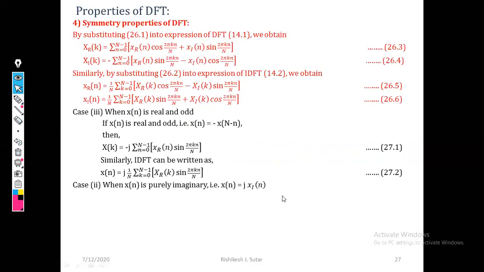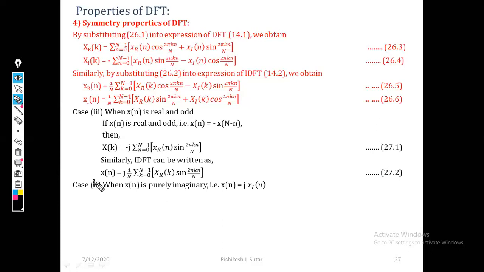Let's go further. For the next case, that is when x of n is purely imaginary. Okay, so this is case 4.